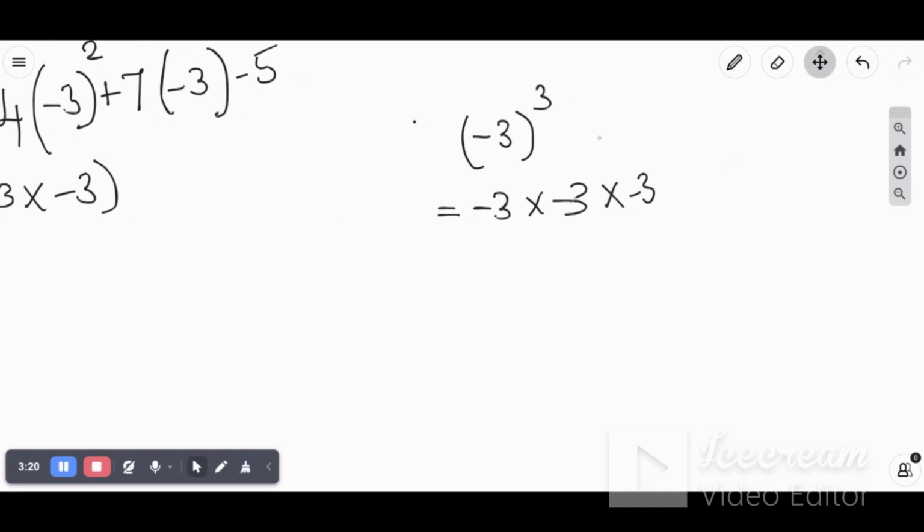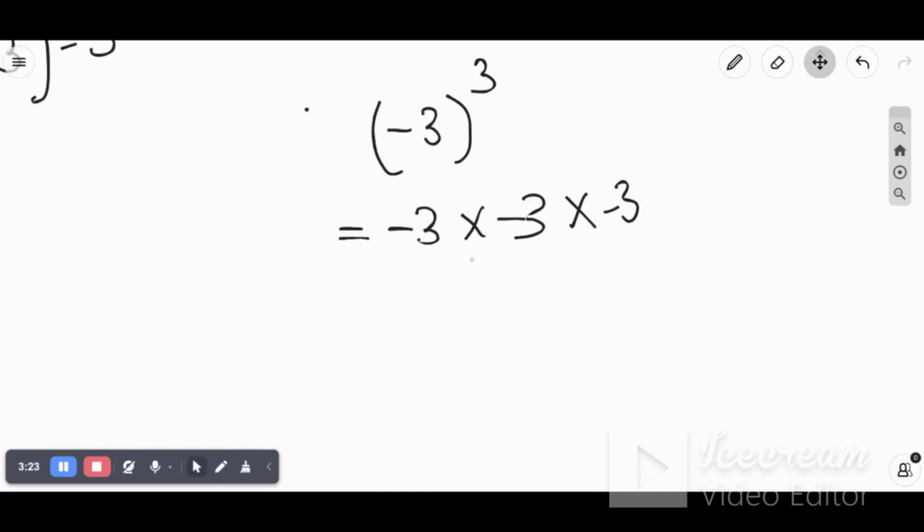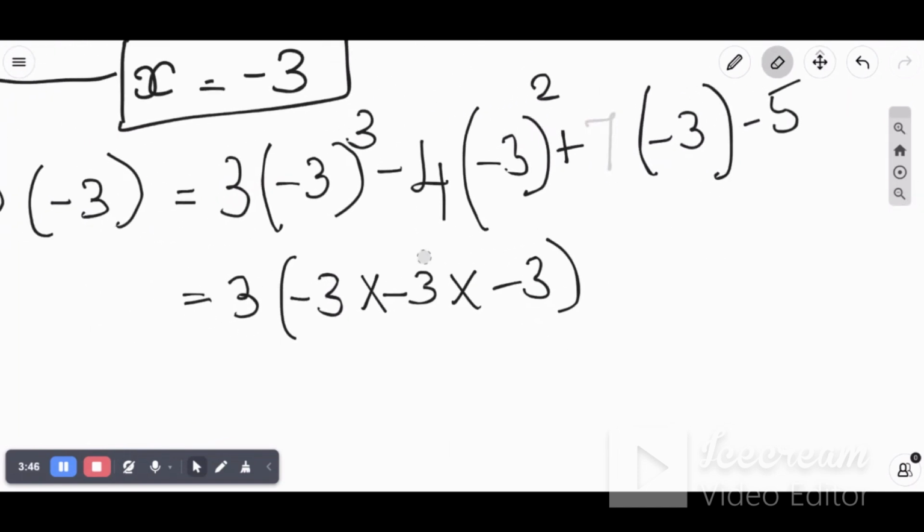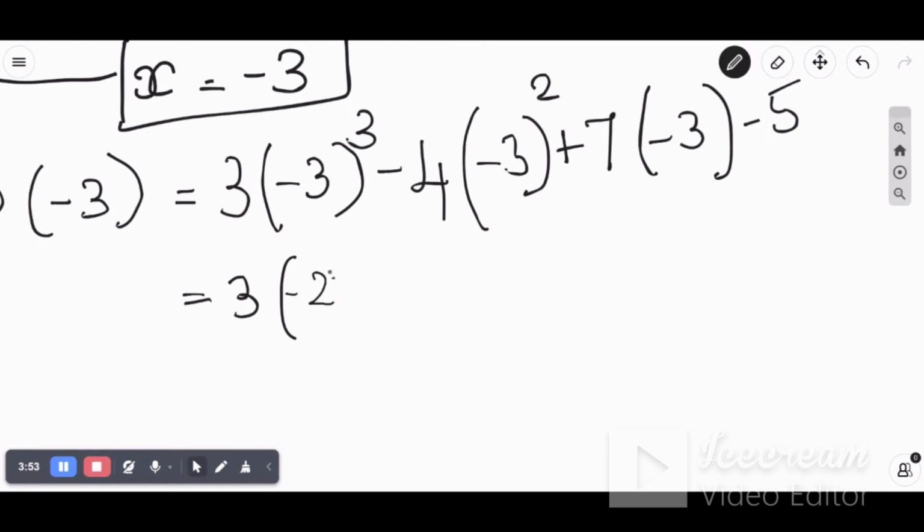Do it slowly: minus into minus is a plus, so do this 2 times. 3 into 3 is 9. Then again you have to put minus 3. So plus into minus is a minus, and 9 3s are 27. So this is your minus 3 the whole cube. Do it very carefully in the rough work and write it in your question. So instead of minus 3 the whole cube, you can write minus 27.